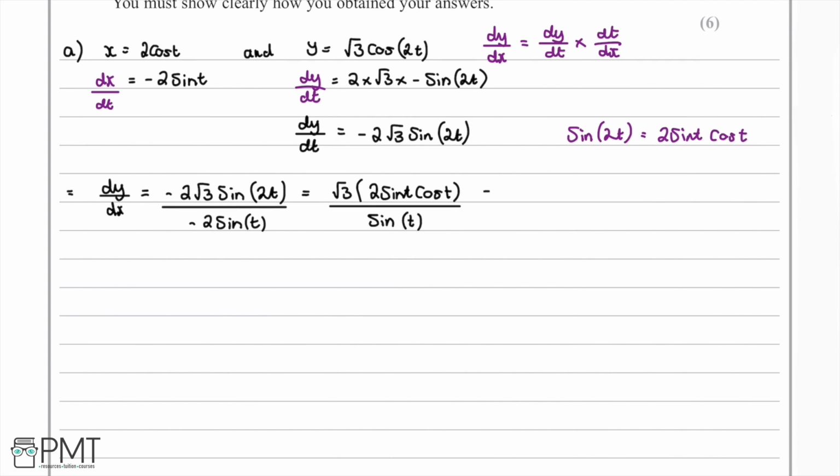And then multiplying out the brackets at the top, we'll have 2 root 3 sine t cos t, and we divide this still by sine t. And then we notice that we have a sine t and a sine t here, which will cancel out, which leaves us to conclude that dy by dx is going to be equal to 2 root 3 cos t.